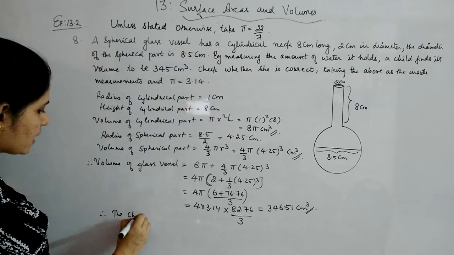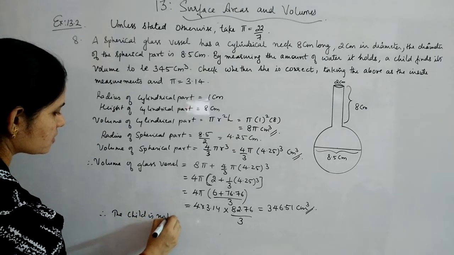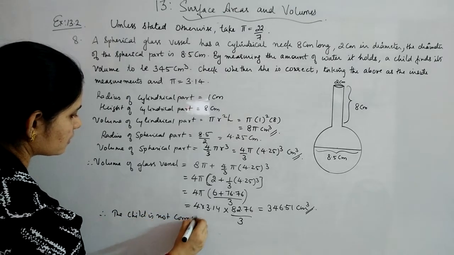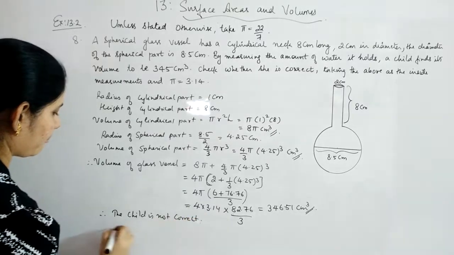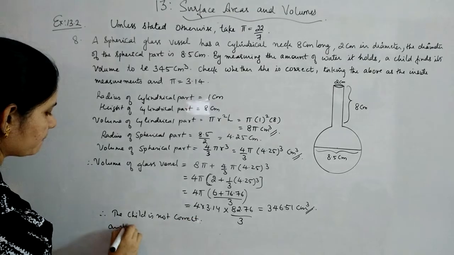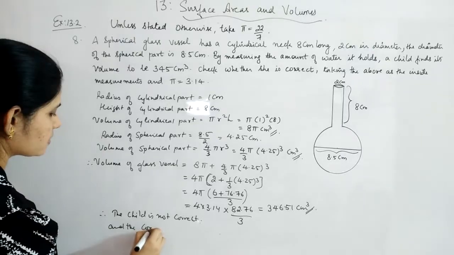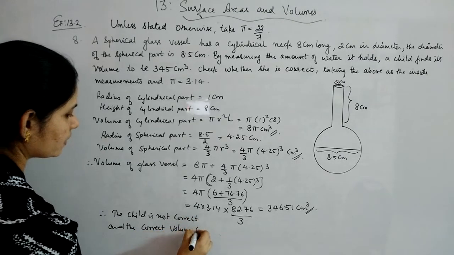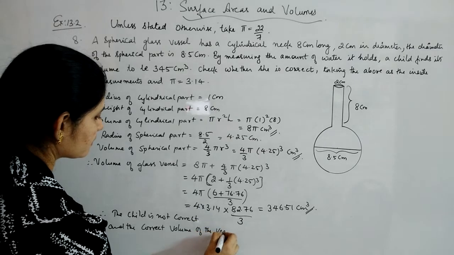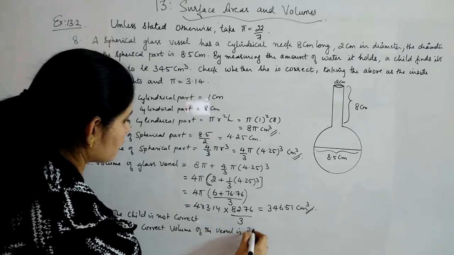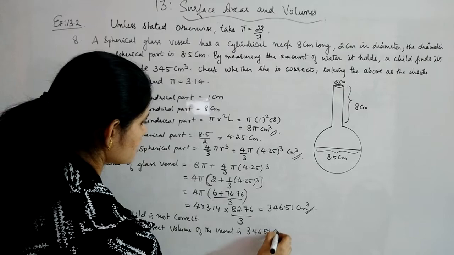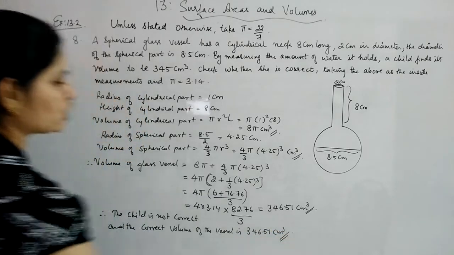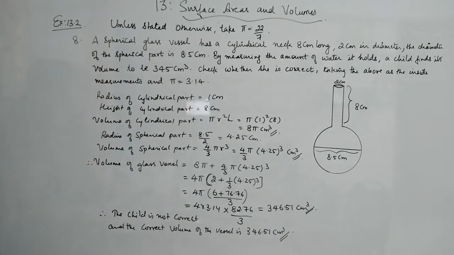Therefore, the child is not correct, and the correct volume of the vessel is 346.51 centimeter cubes. Okay.